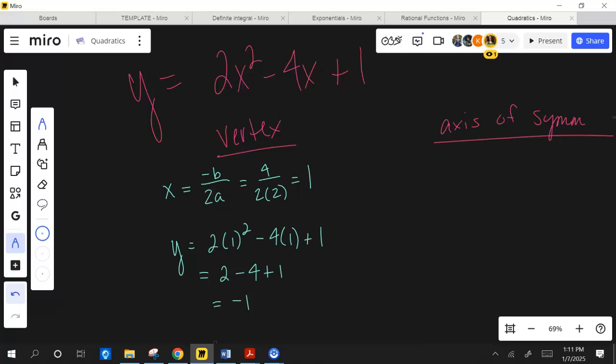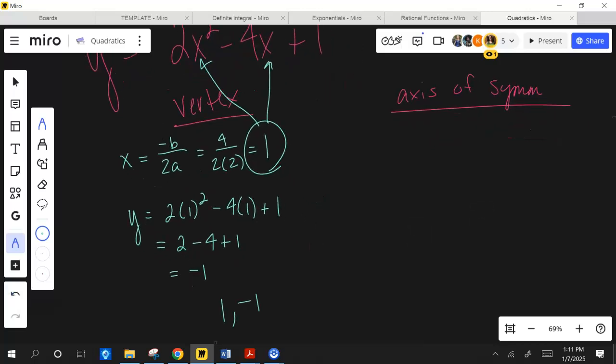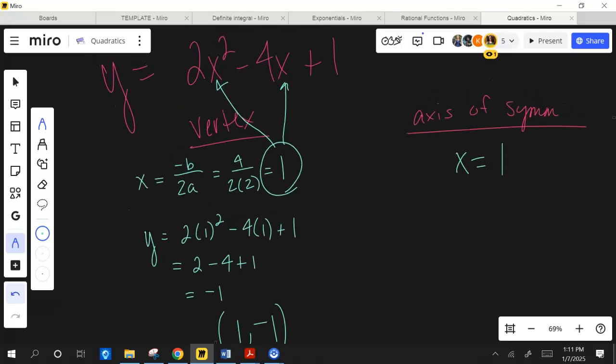Well, I just replaced every x with the x that I found to find the y. All right, did everybody get 1 for your x of the vertex? Plug 1 back into that y equals equation. Now remember your order of operations.